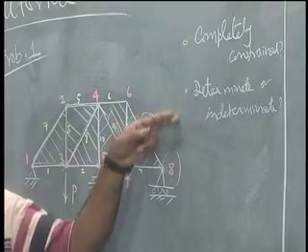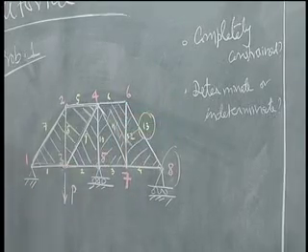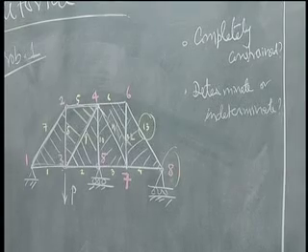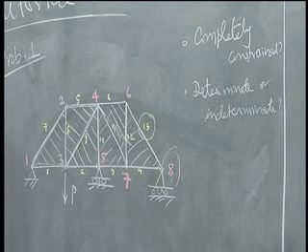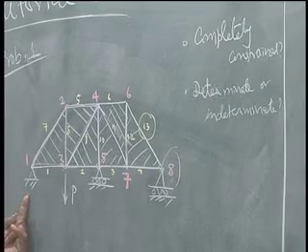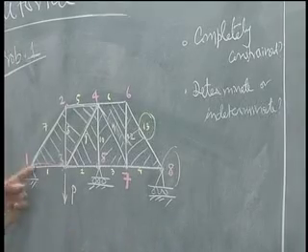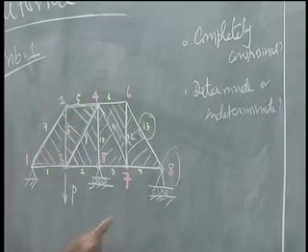The second question concerns using equilibrium equations. How do I go about using equilibrium equations in order to solve for this truss system? When I say solve for this truss system, what I mean is being able to find out the reactions at this support, reactions at this support, also forces in each one of these members shown.